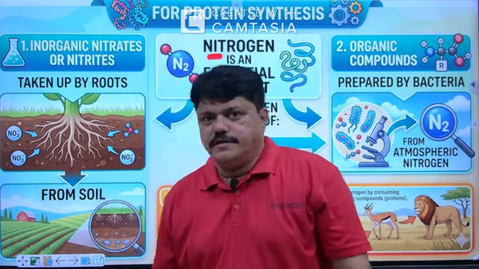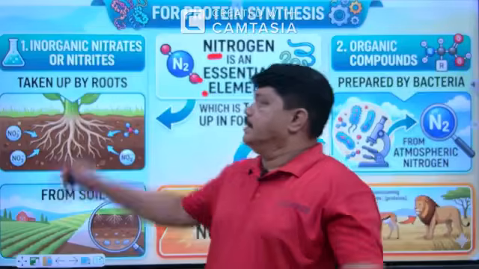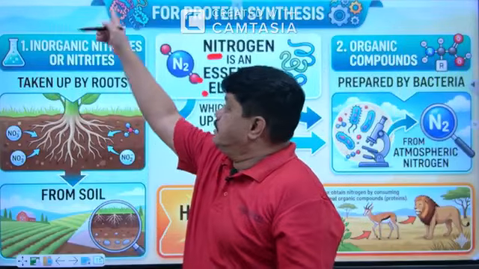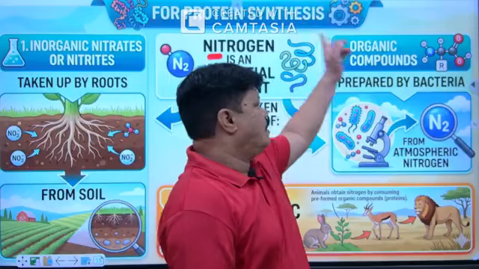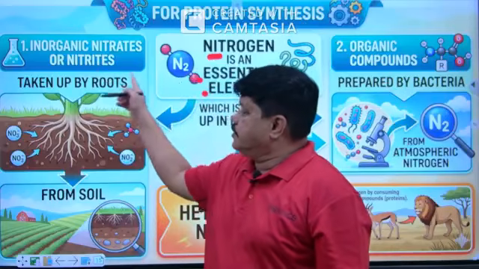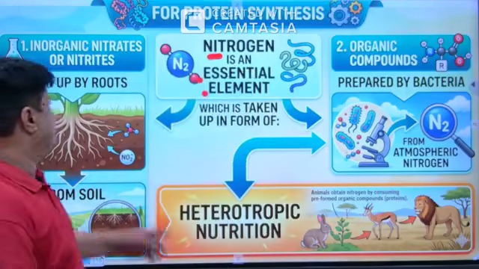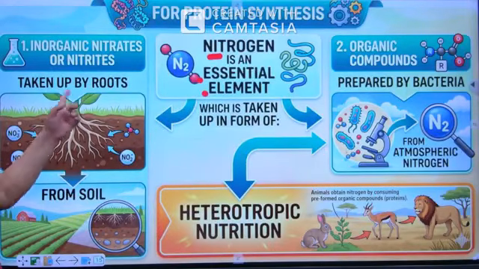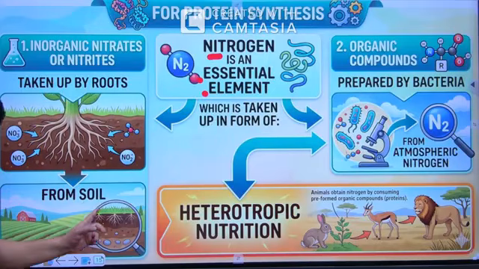But how do organisms obtain this nitrogen? There are two ways: either inorganic nitrates or nitrites, or organic compounds. Inorganic nitrates or nitrites means NO2 minus, NO3 minus, which are taken up by roots from the soil.